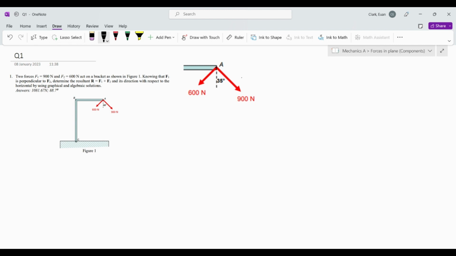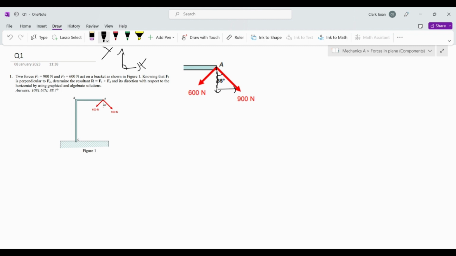So to break down each force into two components, we have the x and the y component. These are of course perpendicular. For the 900 Newton force on the right, we'll have a component going down. This is the y component and this is the x component, with an angle here of 35 degrees.